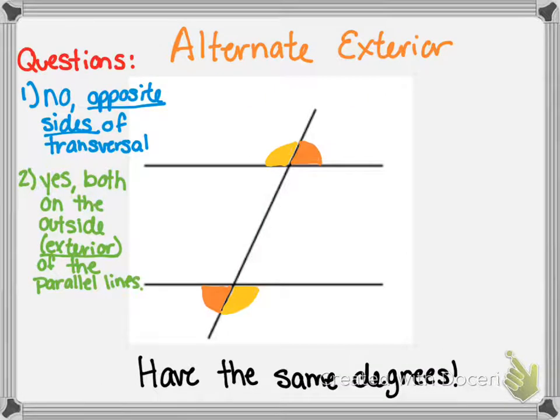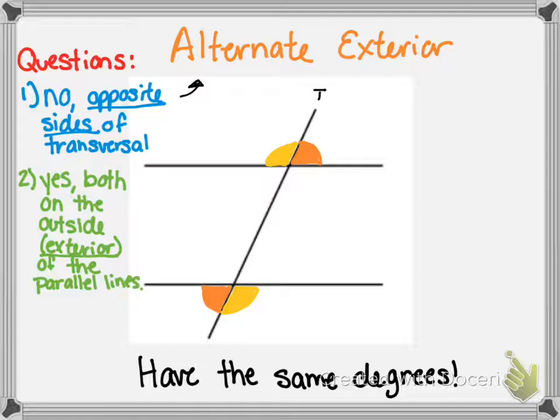Moving on to the alternate exterior angles. Again, looking at the questions, I've written out those answers for you. Number one, about if it's on the same side of the transversal, the answer to this one is no. They are on opposite sides of the transversal. Another word for opposite is alternate.